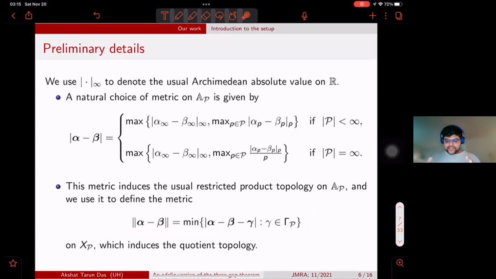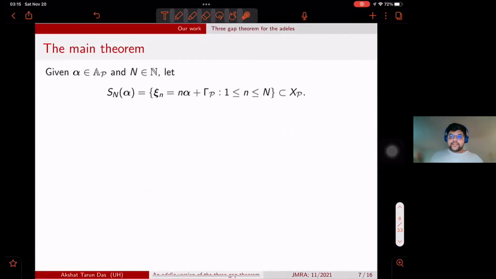Okay, so this was just a brief introduction and the preliminary details that we needed. Now I'm going to go ahead and first state the main result that we have. Again, I'm going to use some of the notations that I was using when I was stating the classical three-gap theorem.